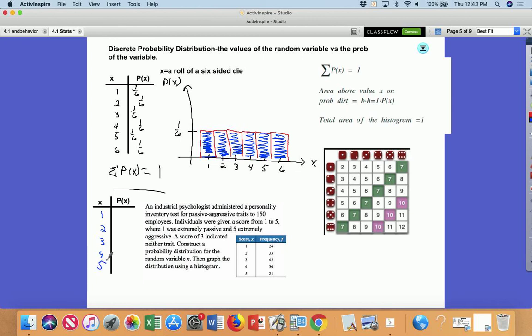So what's my chance of randomly picking somebody and they get a score of a 1? Right, so you took 24 divided by 150, right? So I'll tell you all the percentages. That would be 16, 22, 28, 20, and 14. And we could make the histogram for that if we wanted to, which we don't need to right now.